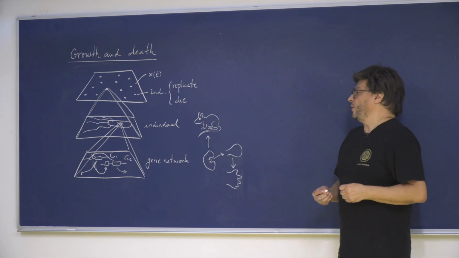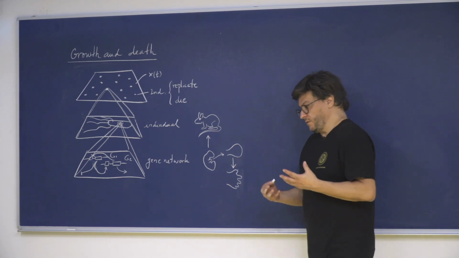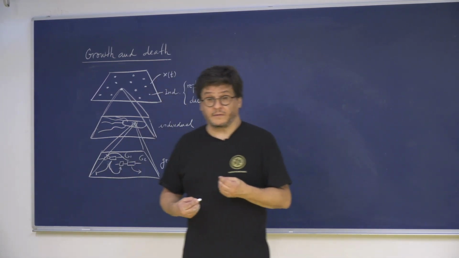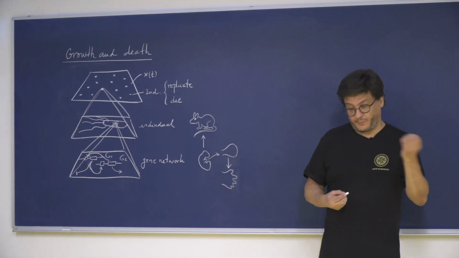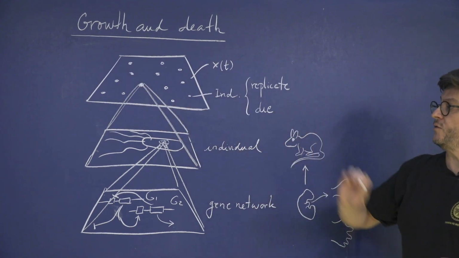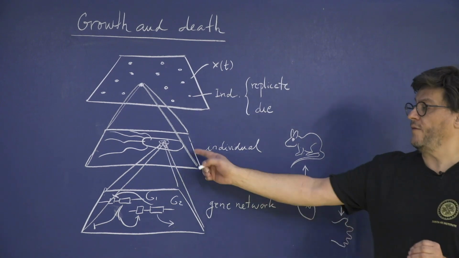But in general, we have to look at individuals as objects that sooner or later decay and disappear. Again, we are going to talk about death in the simplest scale at the population level, where individuals are considered entities with no particular internal structure, although we know they do have a structure.